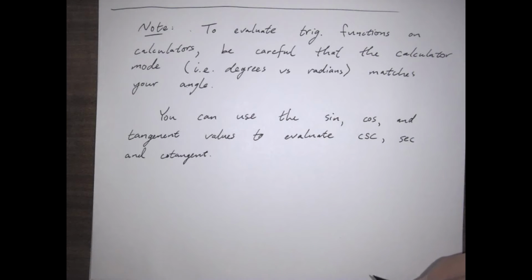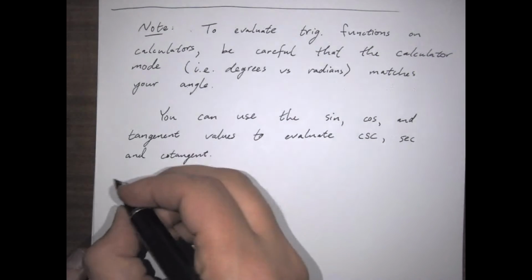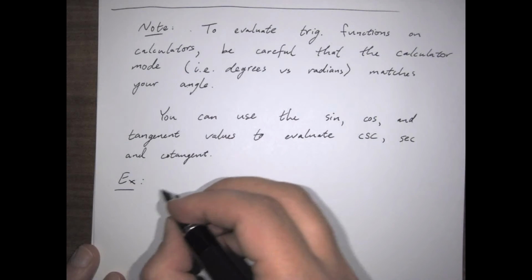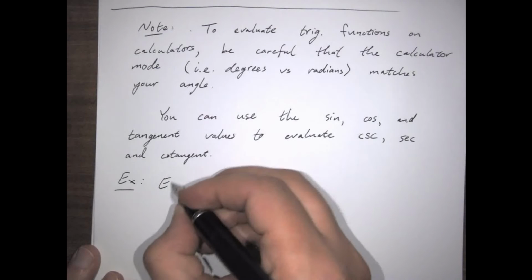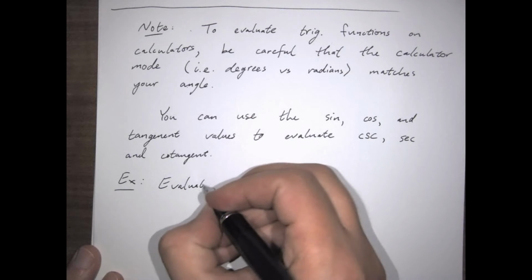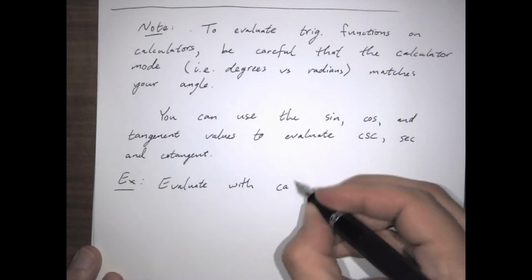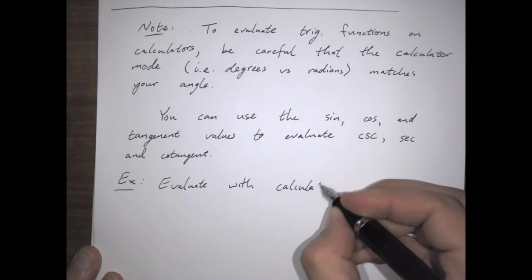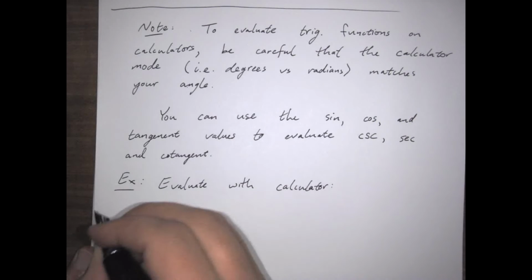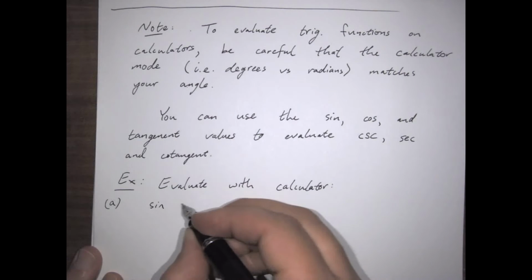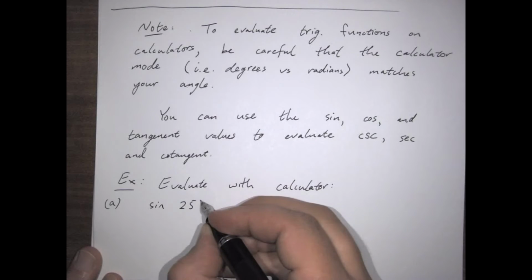Alright, so let's see how this could work. So just as an example, something quick and easy just to make sure we are on the same page. So you evaluate with a calculator. Let's just say sine of 25 degrees.